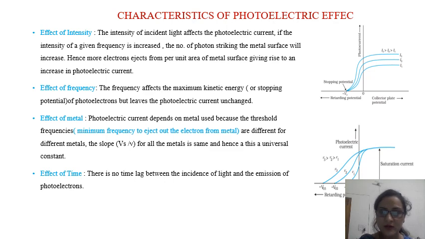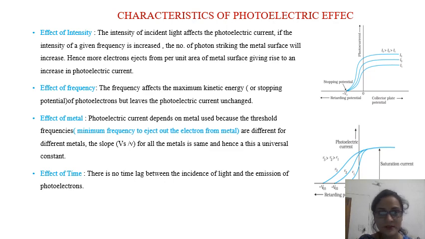Hence, more electrons are ejected per unit area of the metal surface, giving rise to an increase in photoelectric current. Here you can see, as we go towards higher intensity, the value of photoelectric current increases.